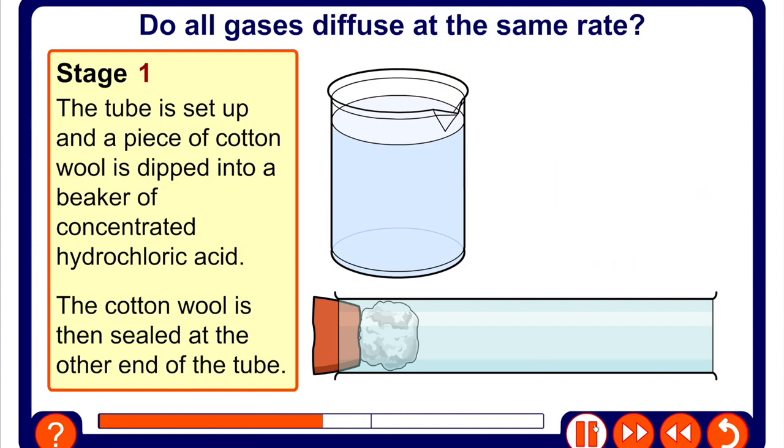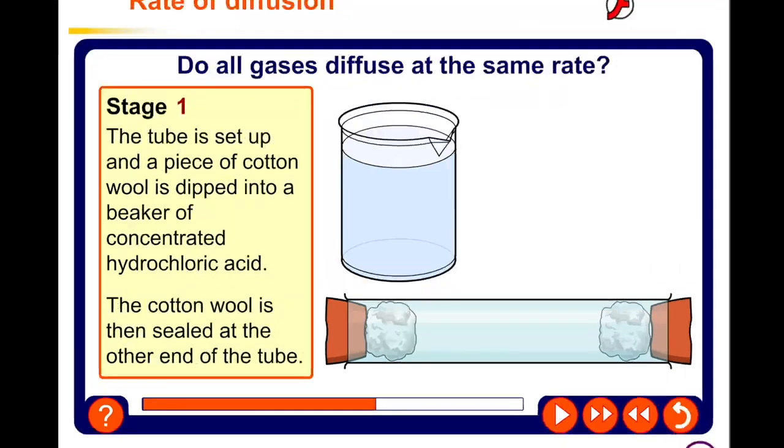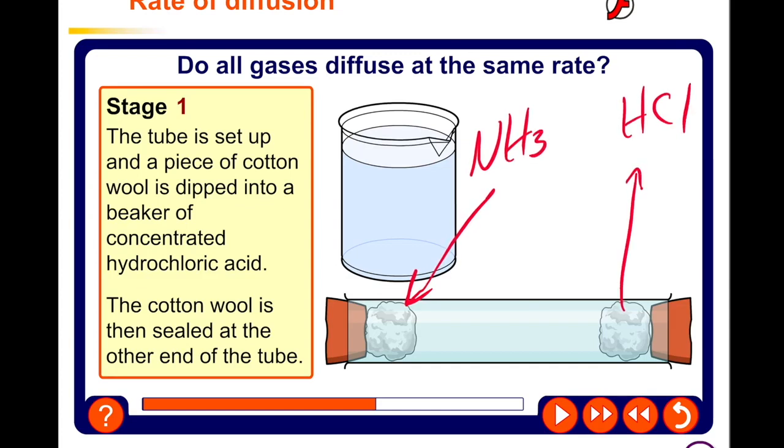Once I place them inside the tube, gases will diffuse from right to left and left to right. What we need to study here is which gas is going to diffuse faster. The answer depends on how heavy each of those gases is. This gas right here is called NH3, and this gas right here is called HCl. We'll get to those formulas later on when we study more chemical formulas.